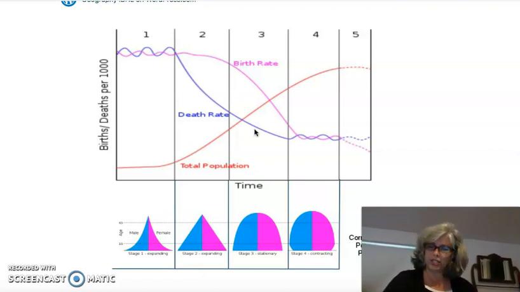But urbanization is seen as an issue that helps human societies, helps avoid some of these man-made diseases that we see. But there are a lot of changes that occur in stage 3 of demographic transition.